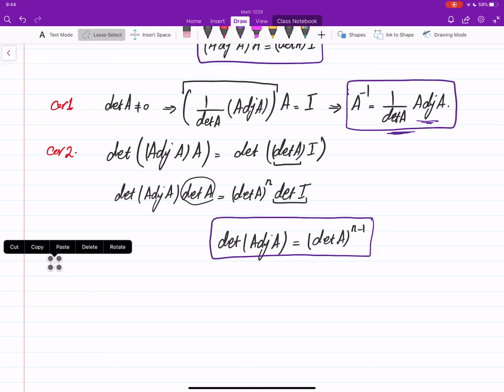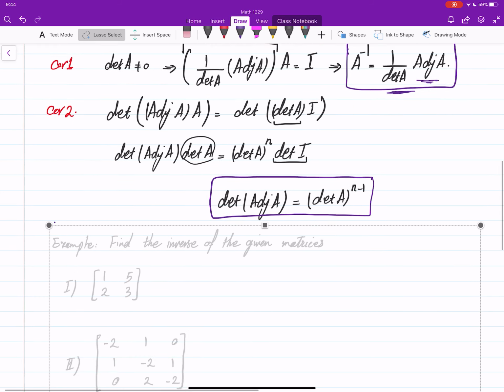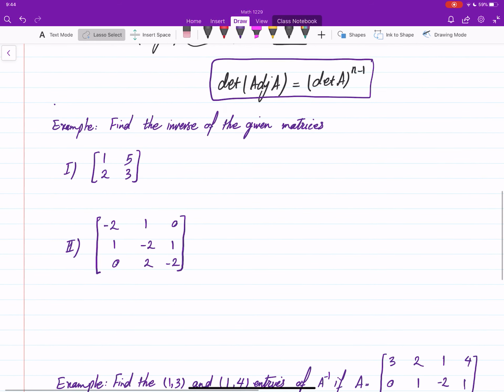Let us paste here what I have. Okay, so we are looking for the inverse of this matrix. Here I have to first find the determinant of this matrix. Let me call it A. The determinant of A is going to be 1 times 3 minus 2 times 5, which is negative 7. And the adjoint of A, here for a 2 by 2 adjoint, you know how to do.